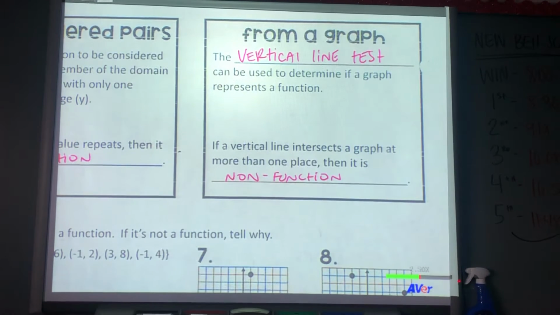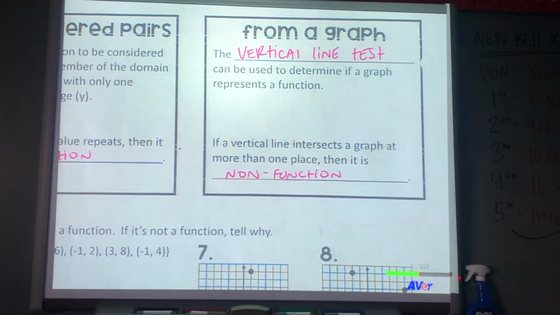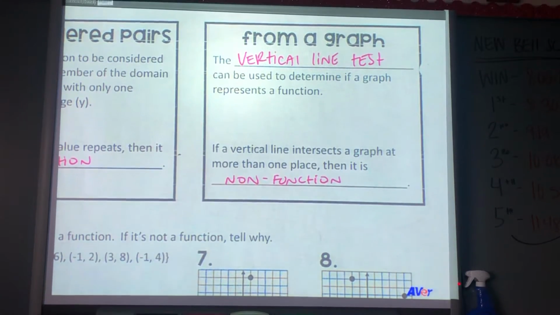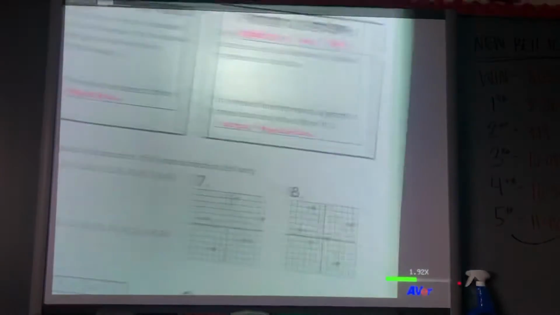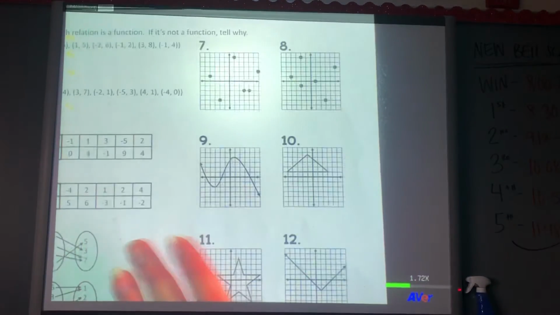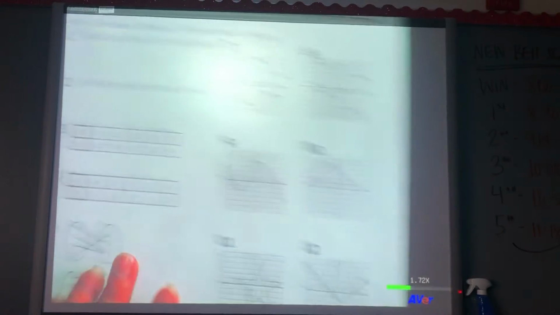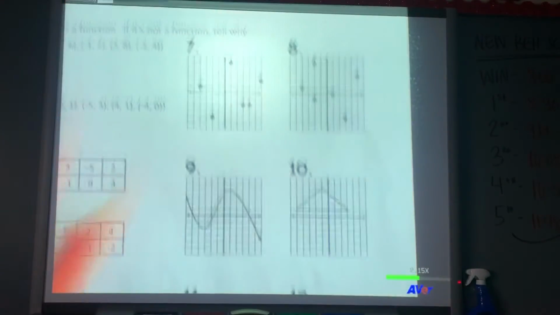Then it says if a vertical line intersects a graph at more than one spot, then it is a non-function, just like this one, because it repeats x's, if you were to actually make the coordinates. Okay. So let's look at these graphs, and I'm going to start drawing some vertical lines on these graphs to see whether or not these are functions.